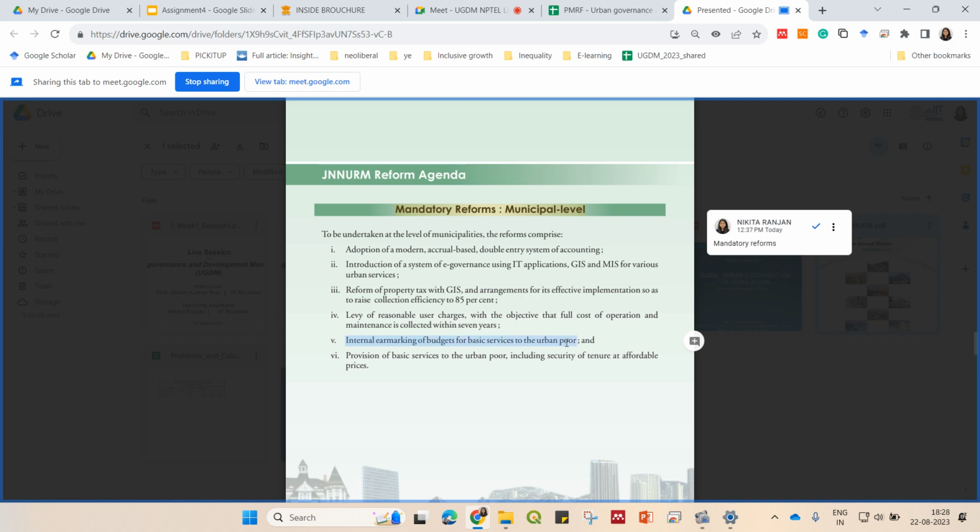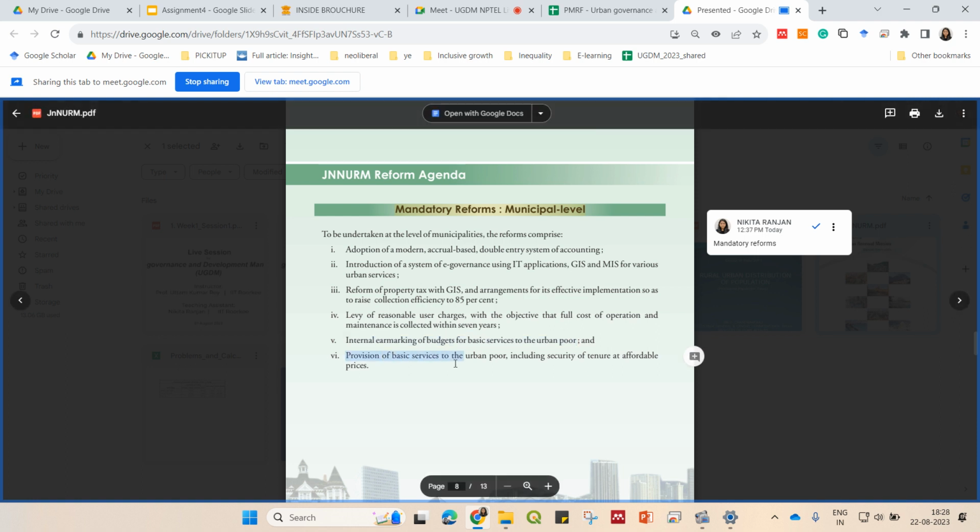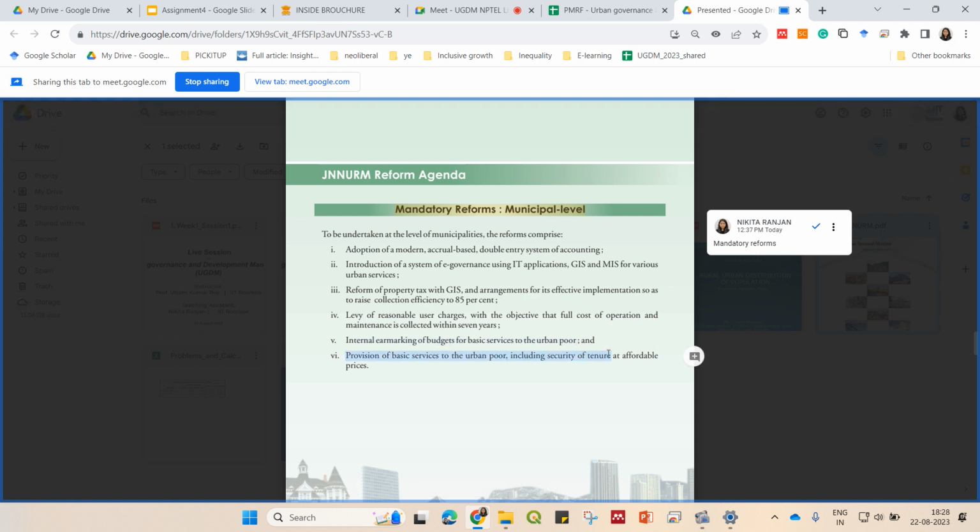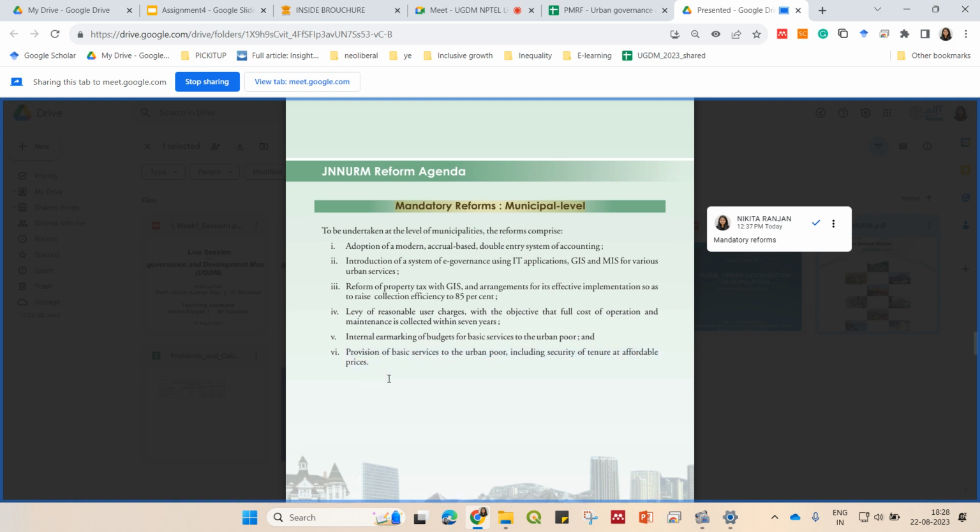So you might have heard that a lot of cities started earmarking a particular percentage of land in all of their urban development projects, which would go towards catering to the needs of the people who cannot afford the urban services, but still they deserve to be users of the urban services because they are citizens of that urban area. Then things like provision of basic services to urban poor, security of tenure, and affordable prices, etc. So these are the mandatory reforms at the municipal level.